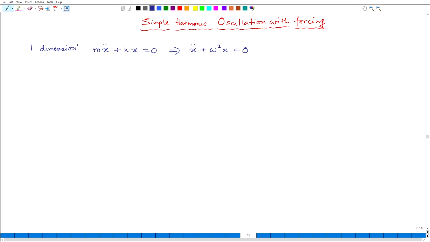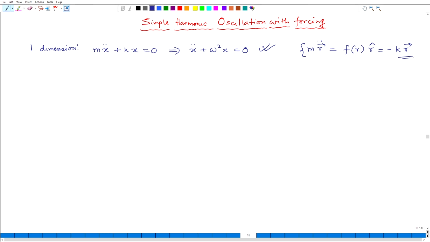If we know the solution of this equation, m r double dot is equal to f r r cap is equal to minus k r vector, this can also be solved easily, because since this is a central force, you can always choose a plane in which the motion is constrained.